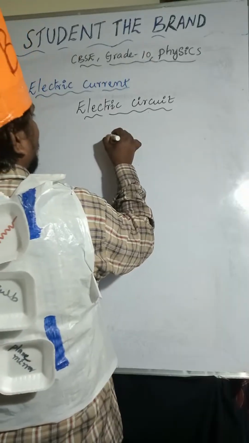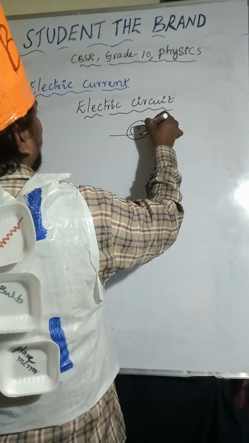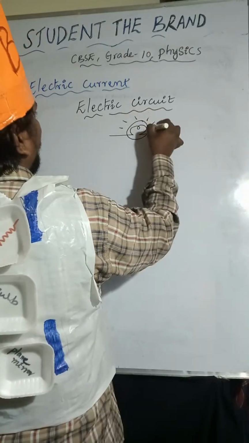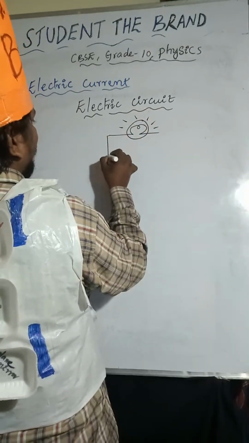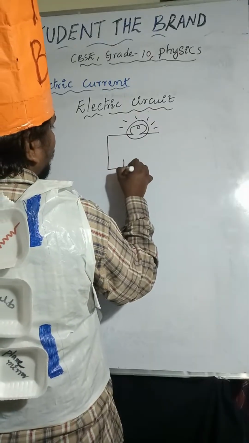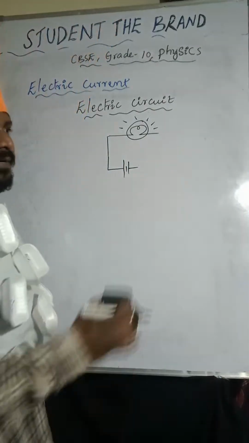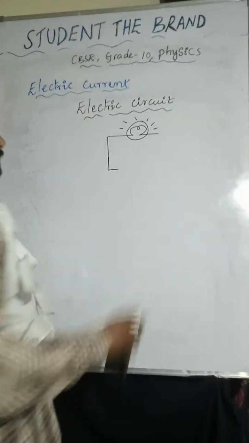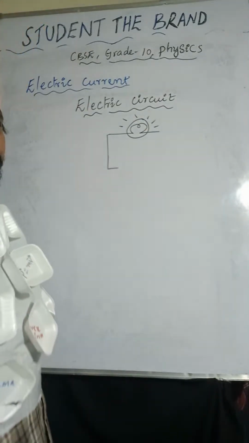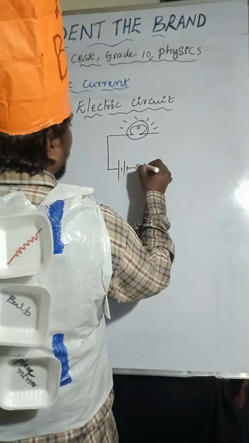Bulb symbol is like this. This is a bulb symbol, so a glowing bulb, because we are connecting the battery. Battery is here, and the switch.